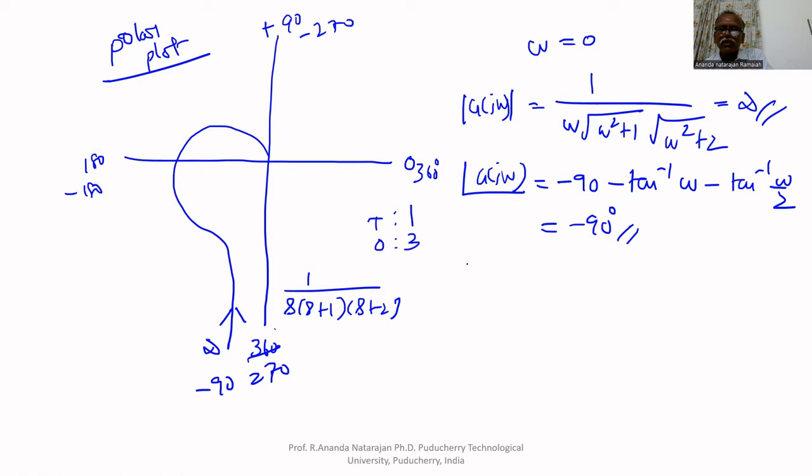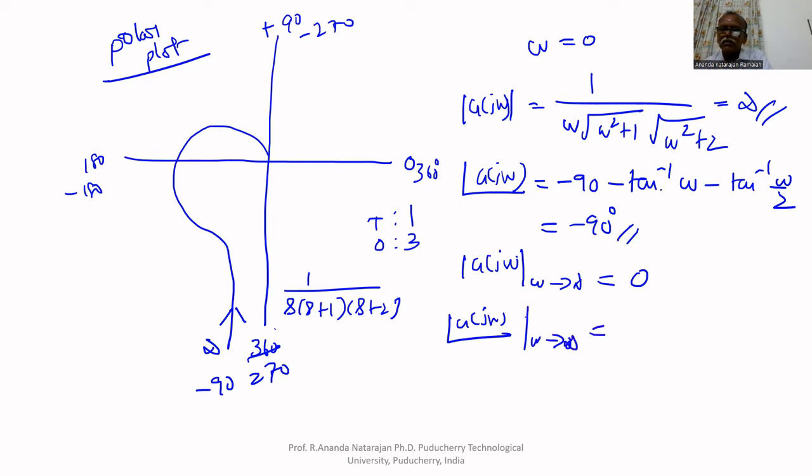When omega equal to infinity, what you will get? The modulus of G of j omega, if we substitute infinity, it becomes 0. Angle of G of j omega when omega tends to infinity, you will get this is also minus 90, this is also minus 90. Therefore, minus 270 degree.